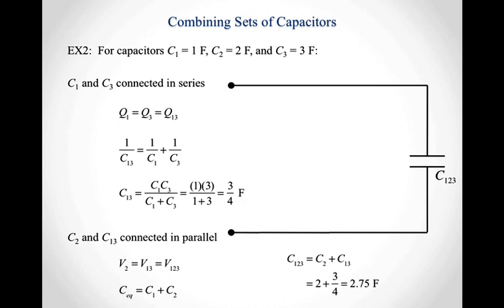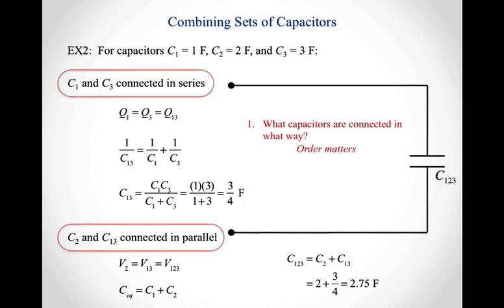So when we're working through these problems, you'll notice that we've paid attention to a couple things. First is what capacitors are connected in what way. So I need to start by recognizing which capacitors are connected and how they are connected. As we've seen, the order matters.